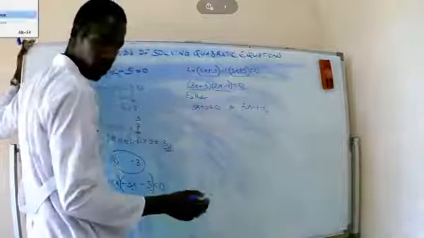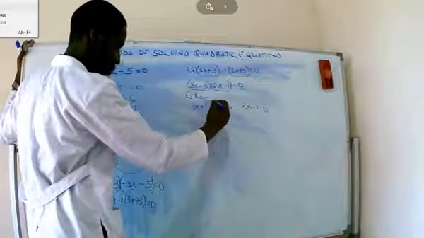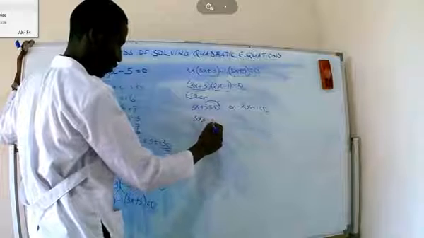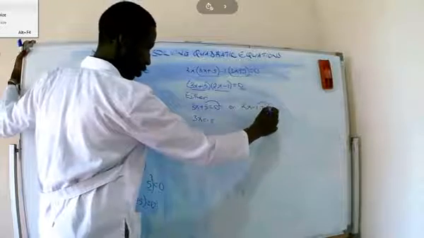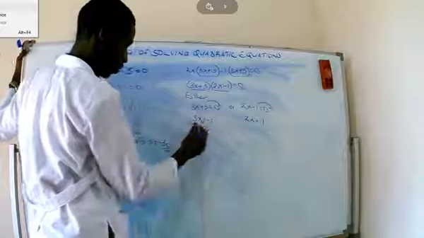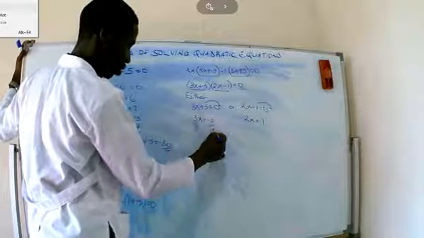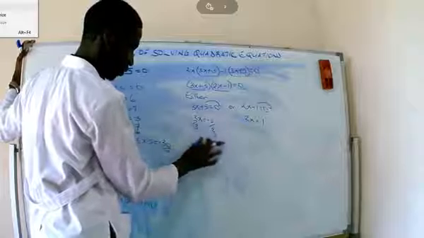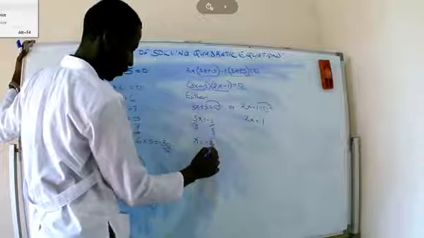So we solve these separately. We take this on this side, and we have 3x equals negative 5. Then we take this on this side, and we have 2x equals 1. Here we divide all through by 3, so x equals negative 5 over 3.